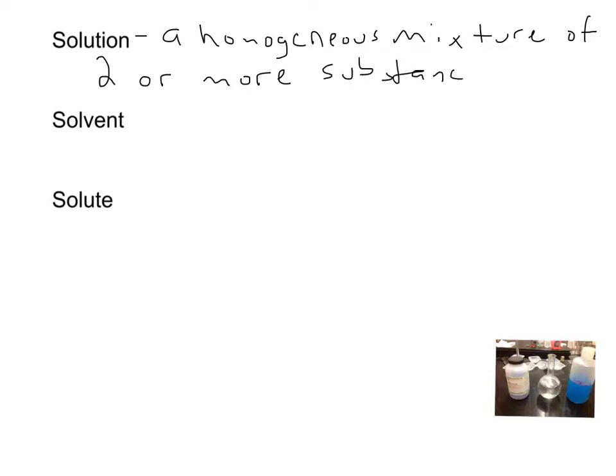So usually we talk of homogeneous mixtures having two parts. And the first part would be the solvent. This would be the part of the mixture that does the dissolving.